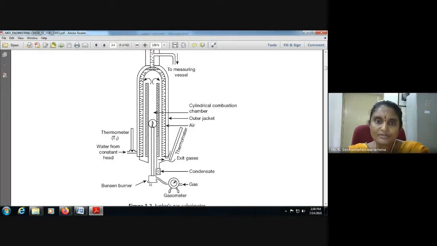With the Bunsen burner we are heating, and here the condensate and exit gases come out. Here also a thermometer is there. This is air. This is the outer jacket, and this is the entire cylindrical combustion chamber.